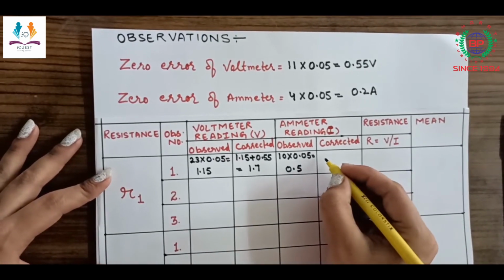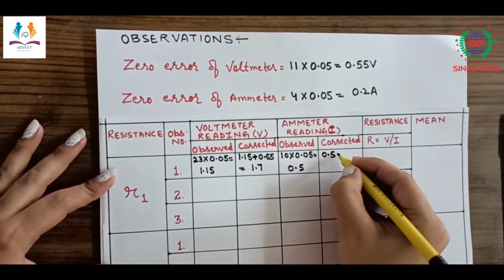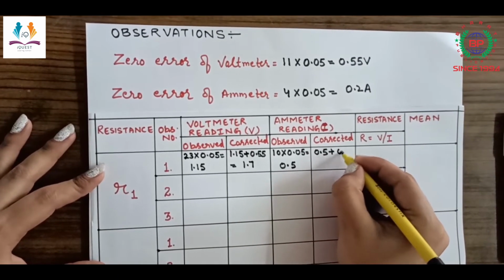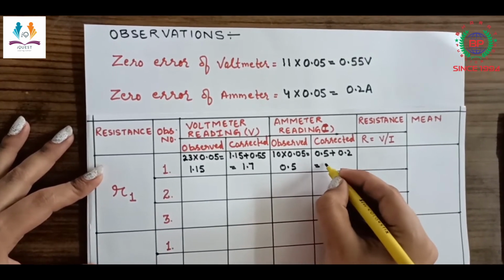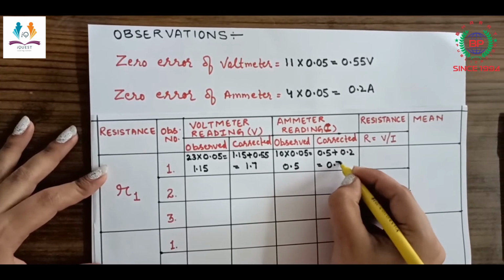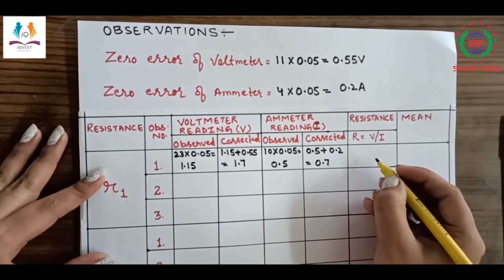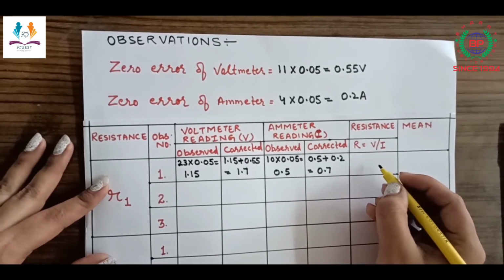Now to find out its corrected reading, observed reading, that is 0.5, plus the error in the ammeter, that is 0.2, and it is equal to 0.7 ampere.